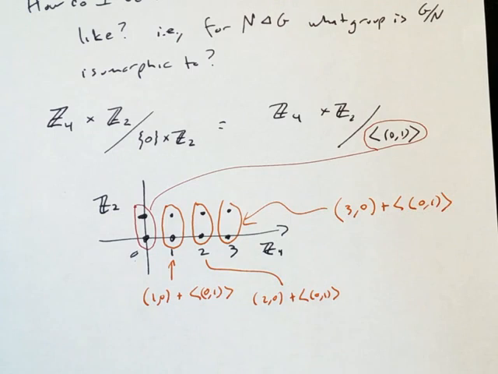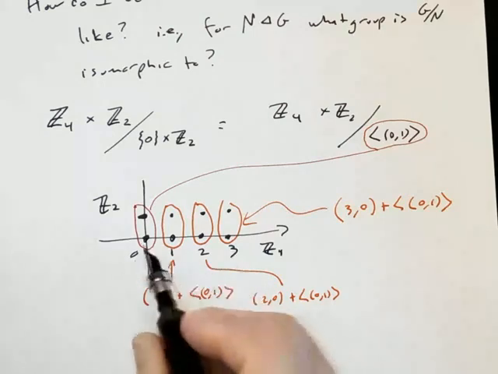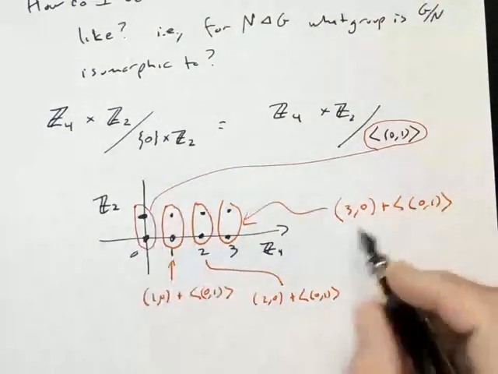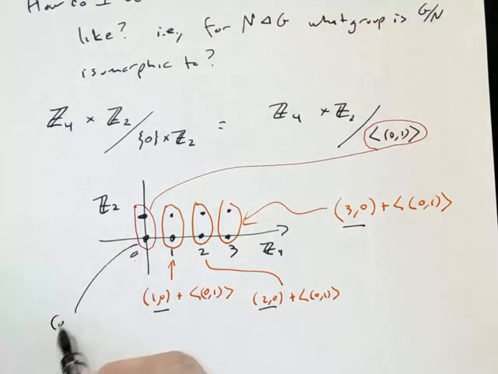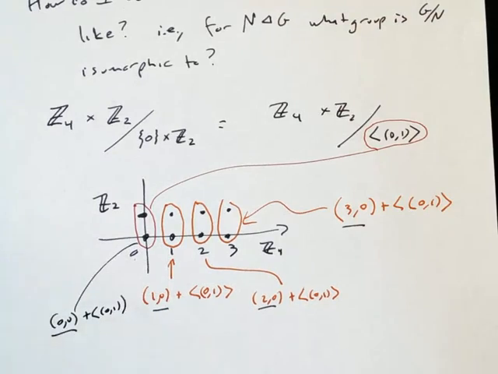And then I say that those behave exactly like these four dots do down here, like these four elements (0, 0), (1, 0), (2, 0), and (3, 0).